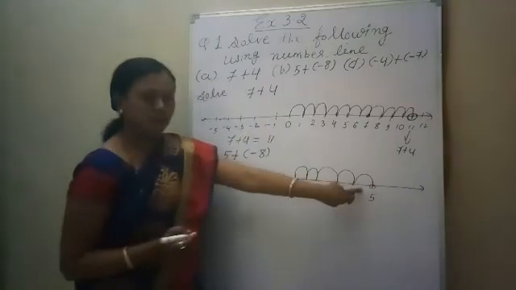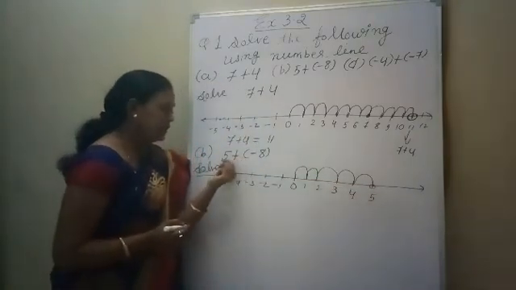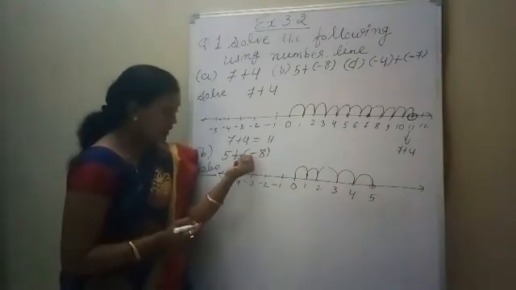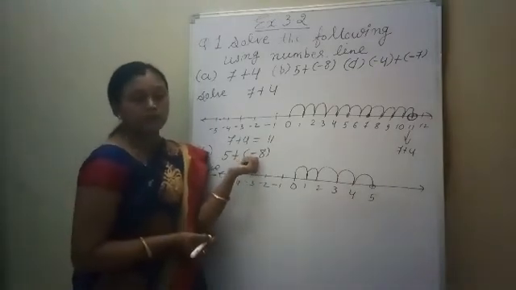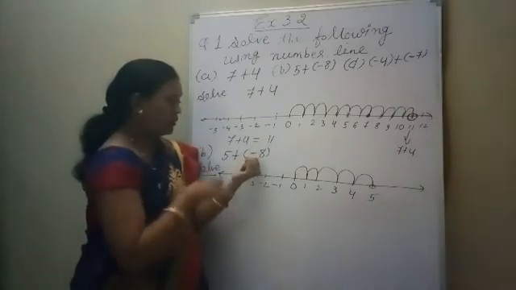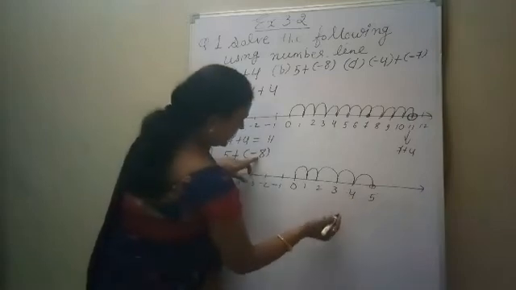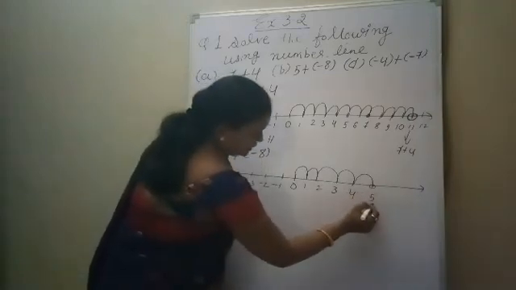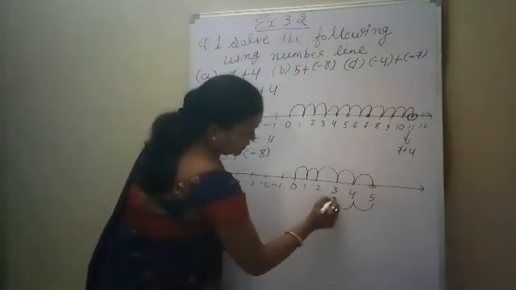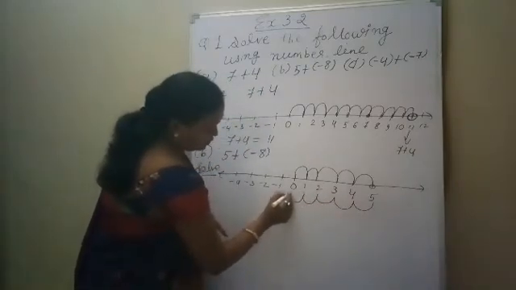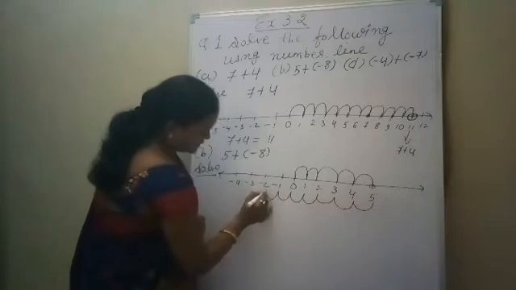This is 5. But the second number is negative. When we want to show negative numbers on the number line, we move to the left side. 5 minus 8. Here it is 1, 2, 3, 4, 5, 6, 7 and 8.